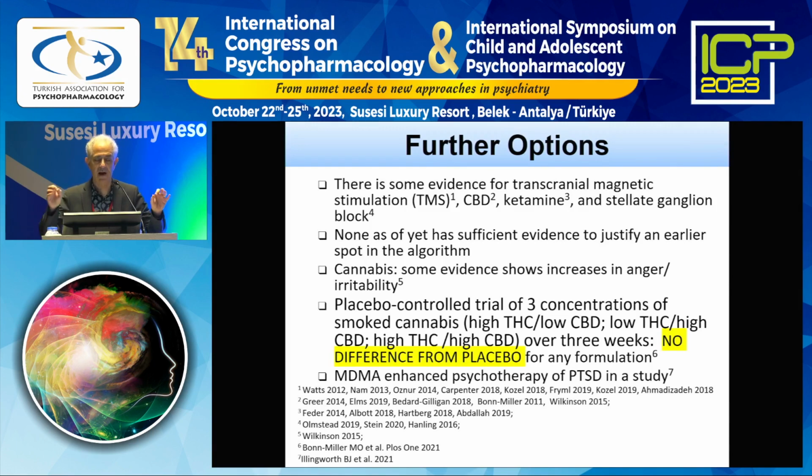So the 3 concentrations, one had high THC and low CBD. The second one had low THC and high CBD. And the third smoked product was high with both. And then there was a placebo smoke. And they smoked these things for 3 weeks. No difference from placebo on the 3 methods of administering cannabis by smoking it.